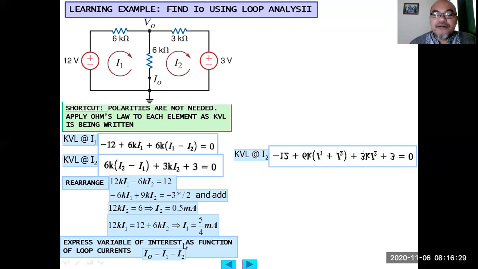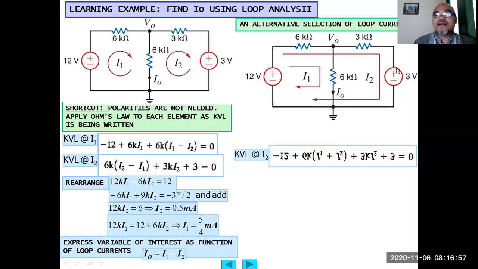So then I0 equals positive I1 and negative I2. Okay, so 5/4 milliampere minus 0.5 milliampere, how much is that? So this becomes 3 over 4 milliampere.